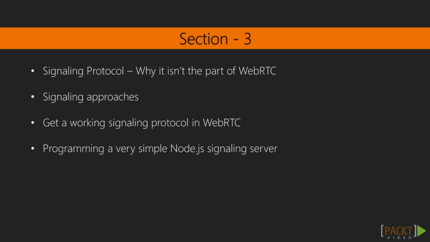We will also discuss why there is no mandatory signaling protocol. We will implement our own very simple signaling server in Node.js to establish the calls. This way, we can use JavaScript for both the client and the server side. All the elements coded in the previous sections will be glued together to create a functional WebRTC application.